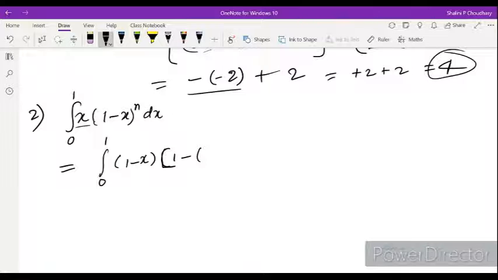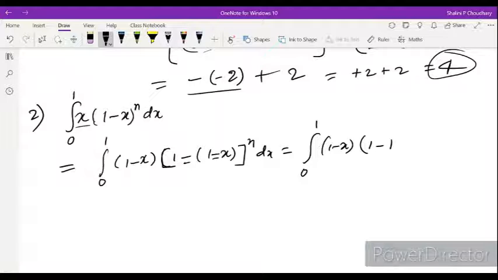Now in place of x we write 1 minus x, and in place of 1 minus x we write 1 minus (1 minus x), dx. So that will be equal to the integral from 0 to 1 of (1 minus x) into 1 minus 1, and this minus minus becomes plus.